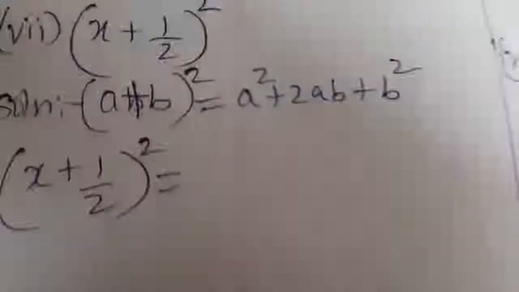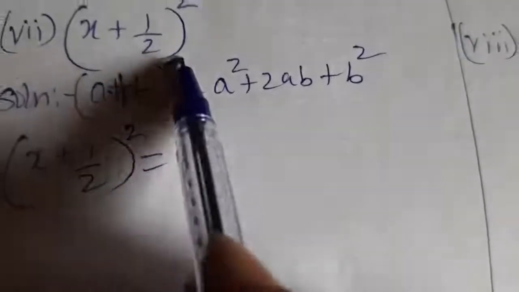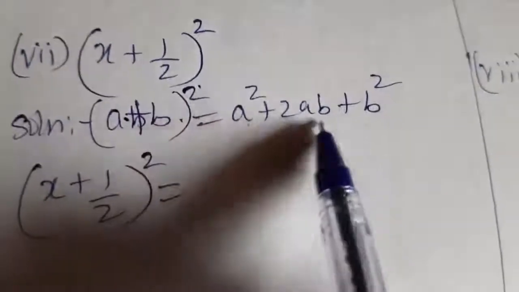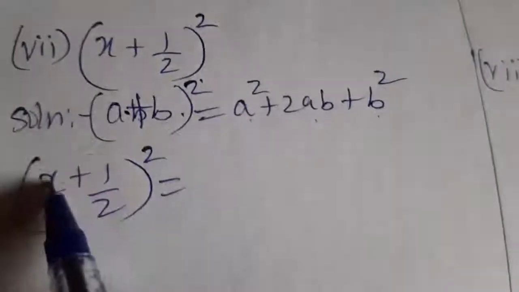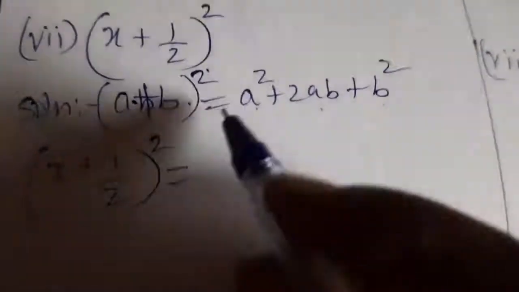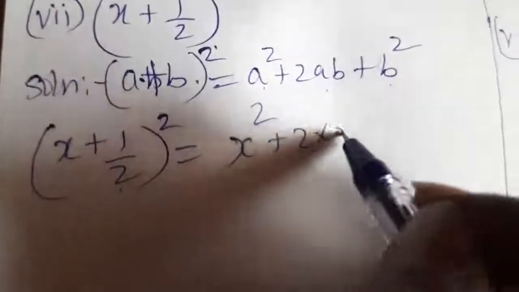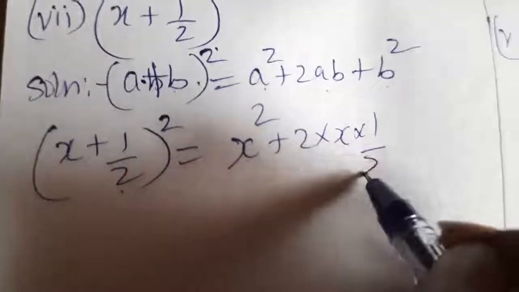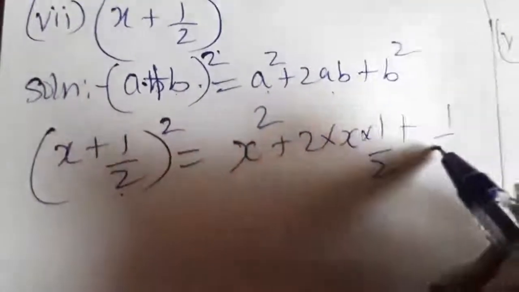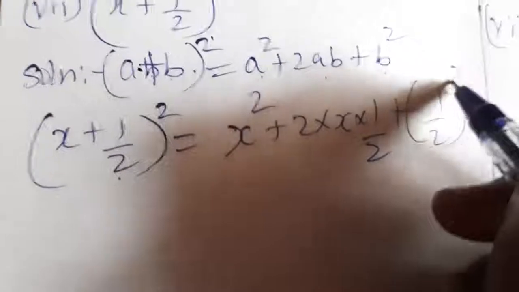Now we go for the next. (a + b) whole square is equal to a square plus 2ab plus b square. So (x + 1/2) whole square will be x square plus 2 into x into 1/2 plus (1/2) whole square.